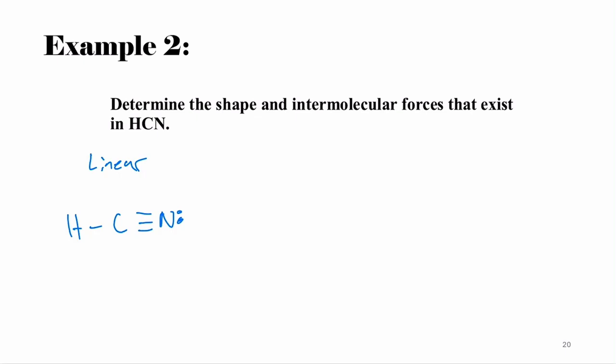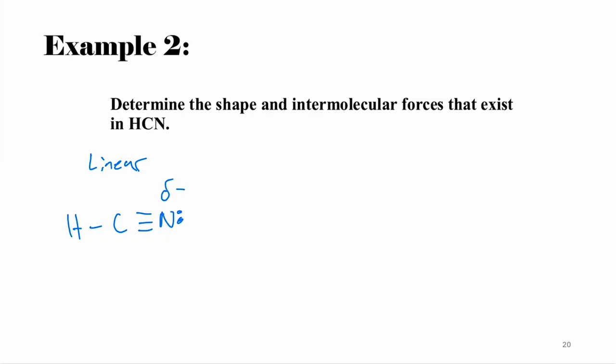So we know that linear molecules are generally what type of polarity? They're usually nonpolar, right? But is this molecule polar or nonpolar? This one should be polar, right? And why is it polar and not nonpolar? Because we have unequal sharing on both sides of the linear molecule, right?